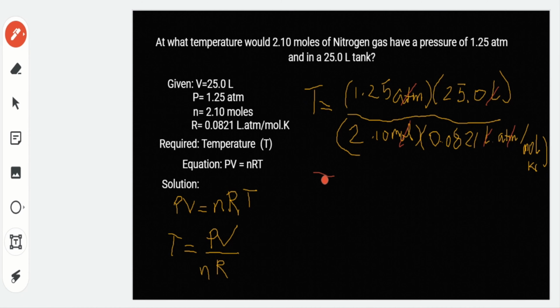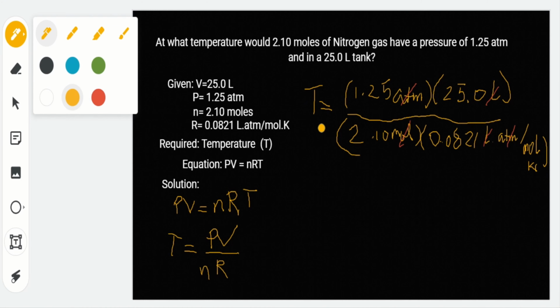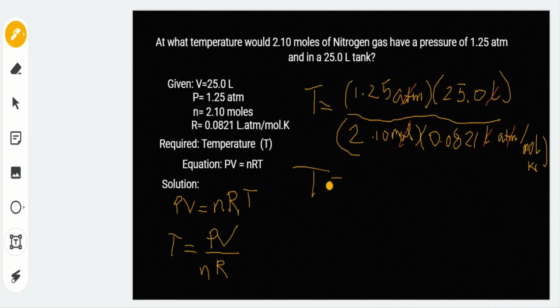Okay, so 1.25 times 25.0, that is equal to 31. Okay, 0.25 over, let's multiply this. Multiply natin itong dalawang to. Okay, so this is equal to 0.17241.